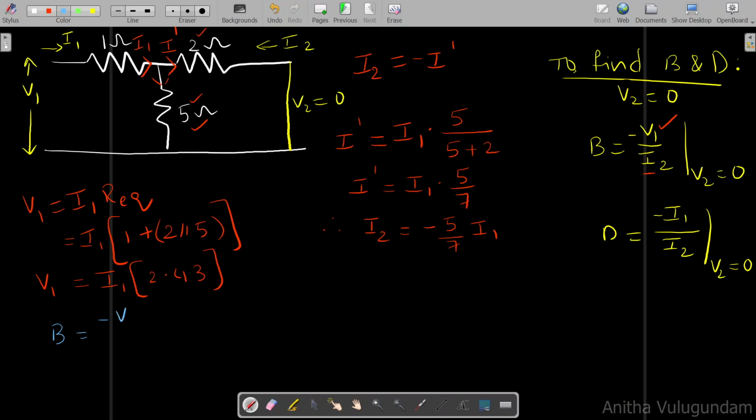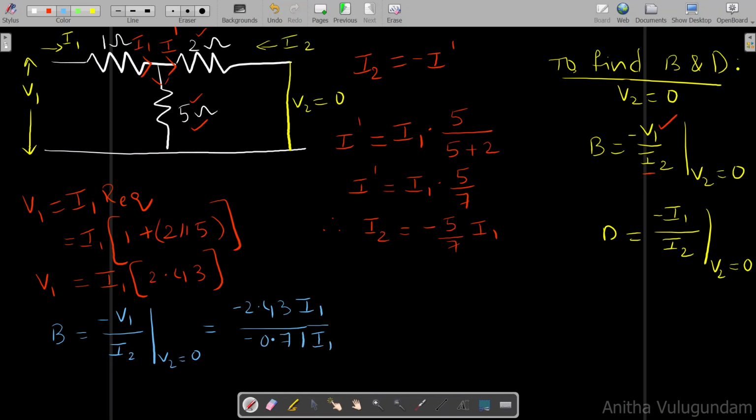B equal to minus V1 divided by I2 when V2 equal to 0. I will substitute V1 as 2.43 I1 and I2 as minus 5 by 7 I1. 5 by 7 can be written as 0.71.